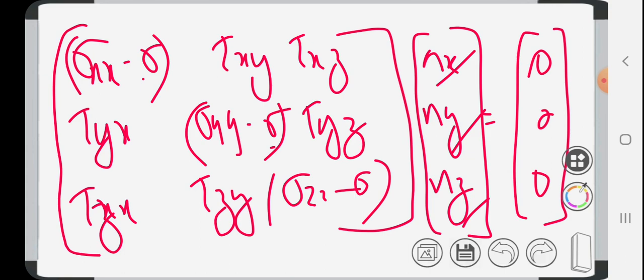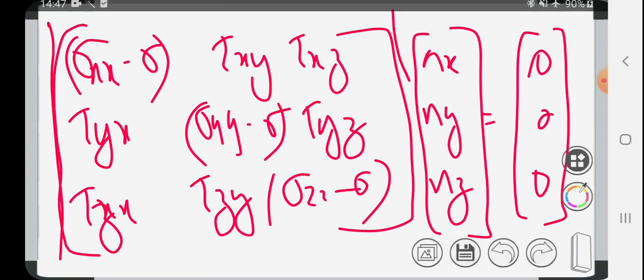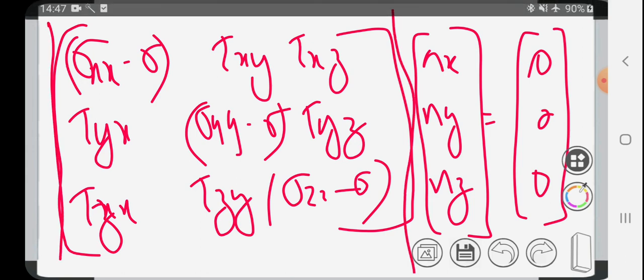So you have a trivial solution for this equation. You can solve it for nx, ny, nz by putting nx equal to 0, ny equal to 0, nz equal to 0. That is a trivial solution. But to find a non-trivial solution, you have to take the determinant of this matrix.